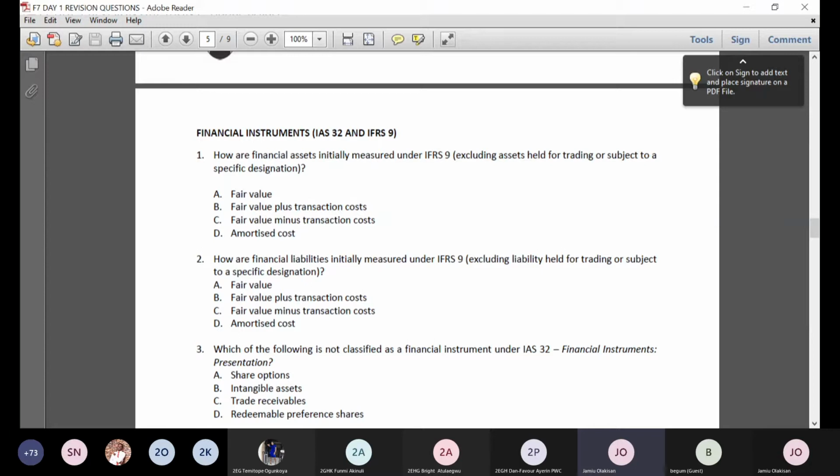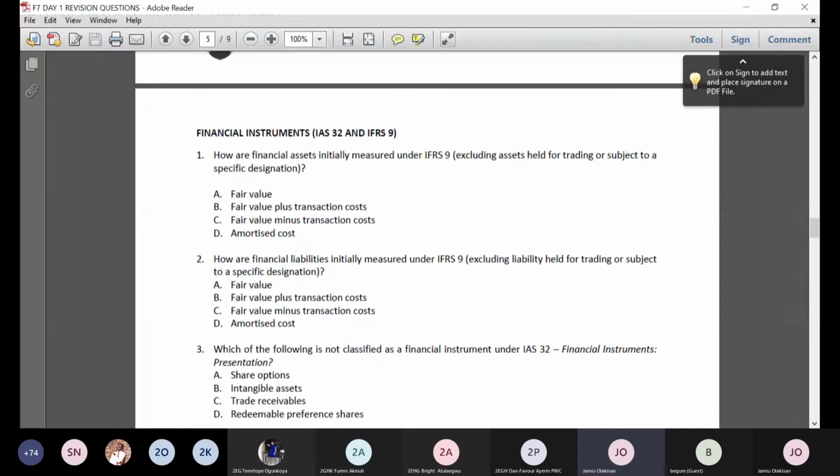The ones they put in brackets are those subsequently measured at fair value through P&L, so they've excluded those. What you have left are financial assets subsequently measured at amortized cost or fair value through OCI, and their initial value should be fair value plus transaction cost. Thank you. So the examiner should be very clear like this.